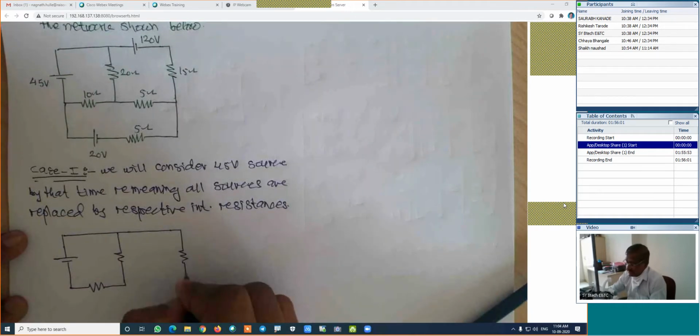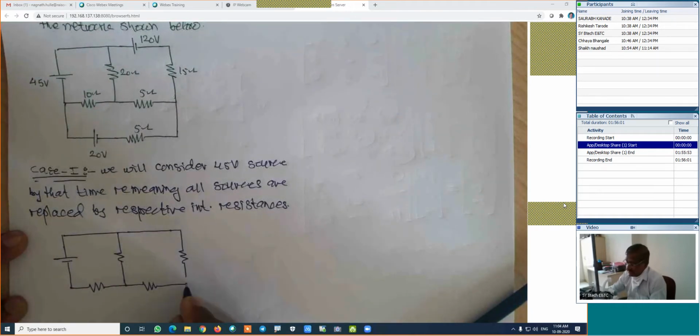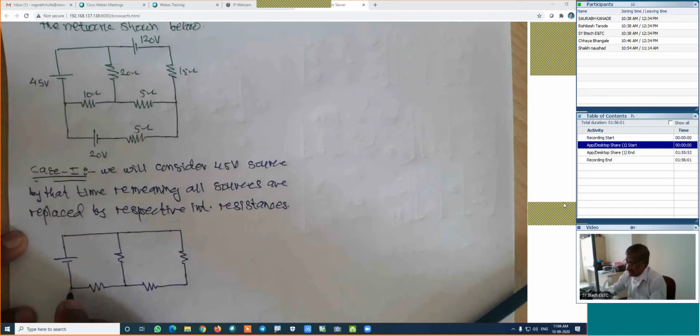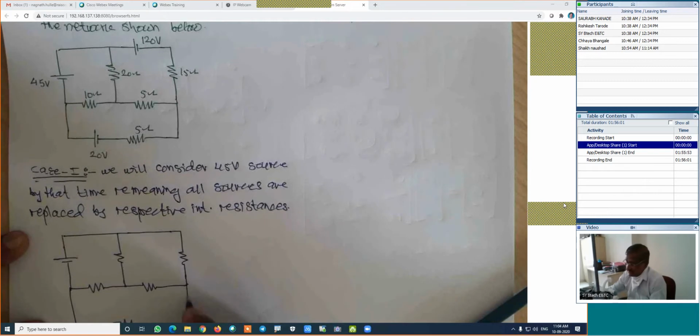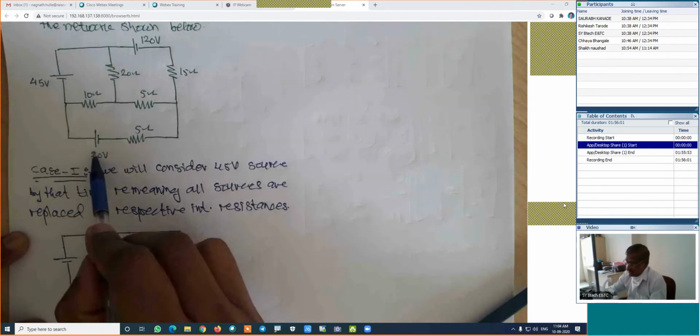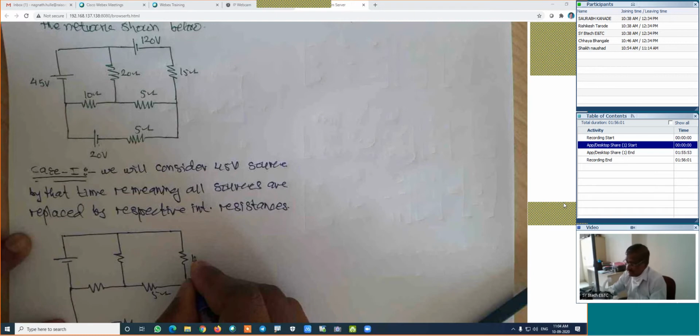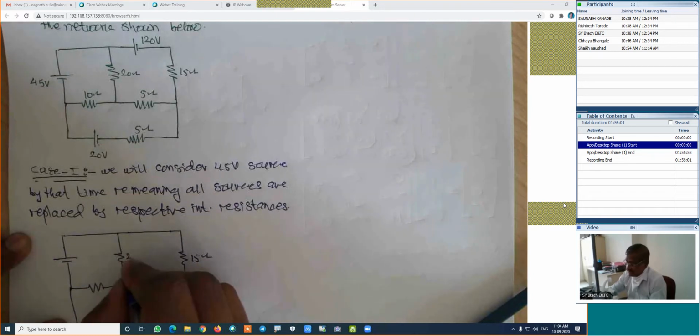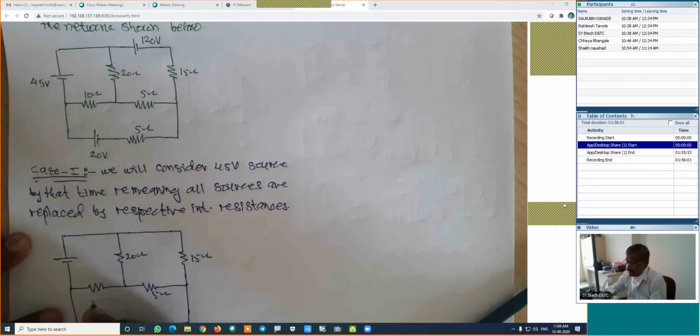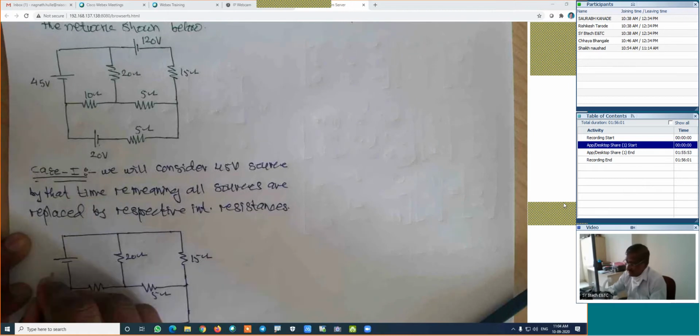Then it is 15, then it is 5, and finally we are replacing this source by its internal resistance. It is 5 ohm, this is 5 ohm, it is 15 ohm, it is 20 ohm, and it is 10 ohm, and it is 45.